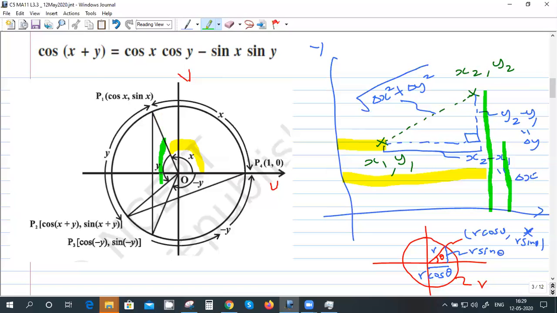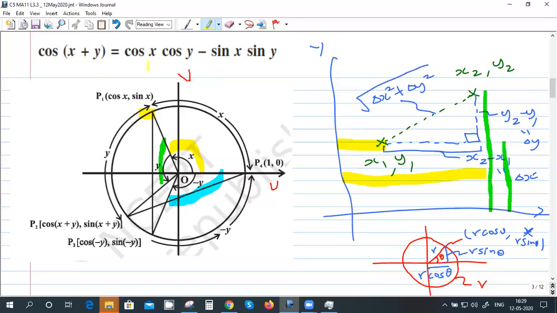And angle minus y, since it is a negative angle, is measured in the clockwise direction. It is from here to here. So the first angle is x, and I'm reaching this point.